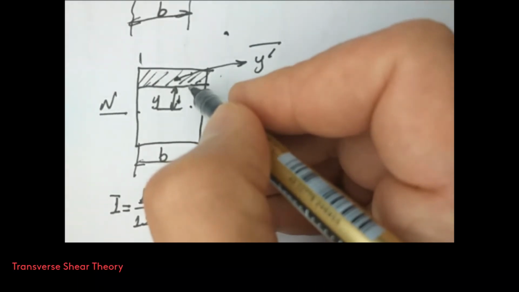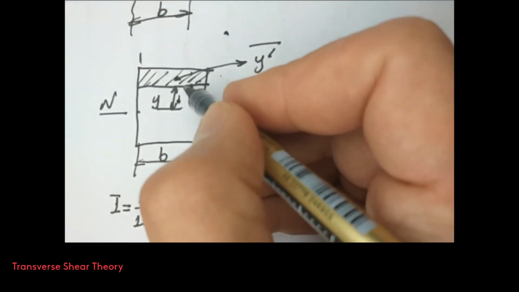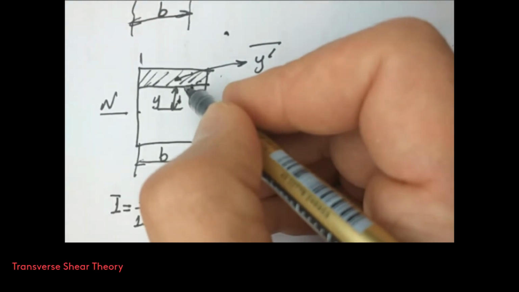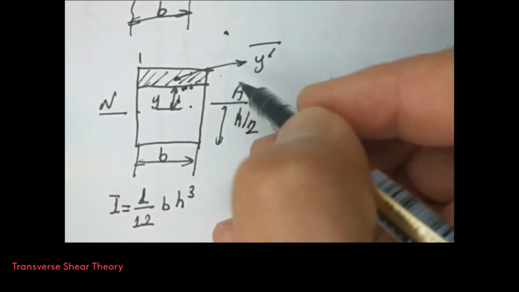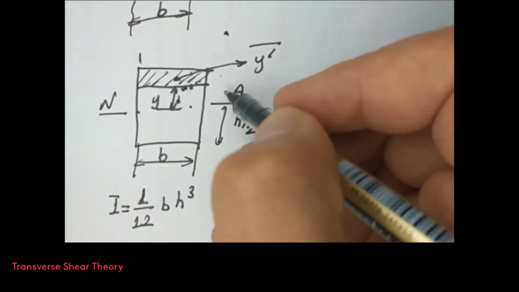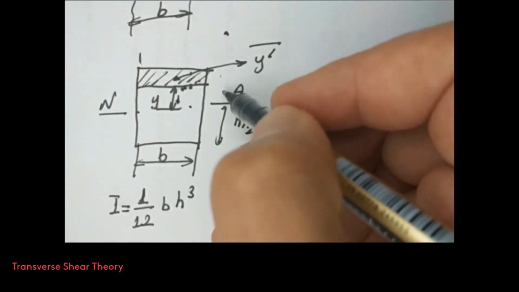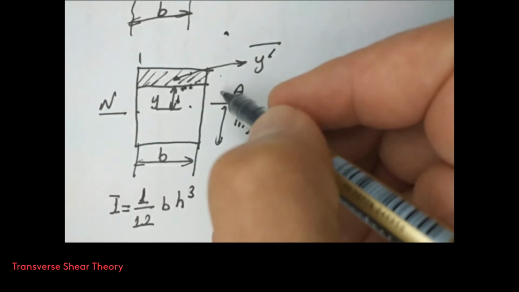So h divided by 2 minus y, divided by 2, and we will subtract this expression from h divided by 2. So let's write it in explicit form.